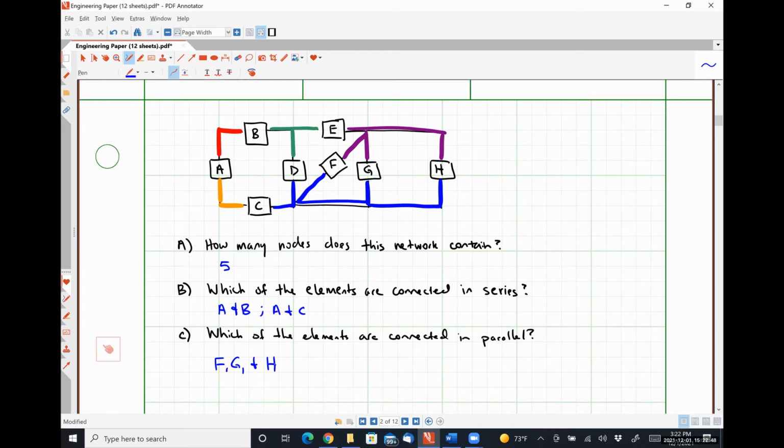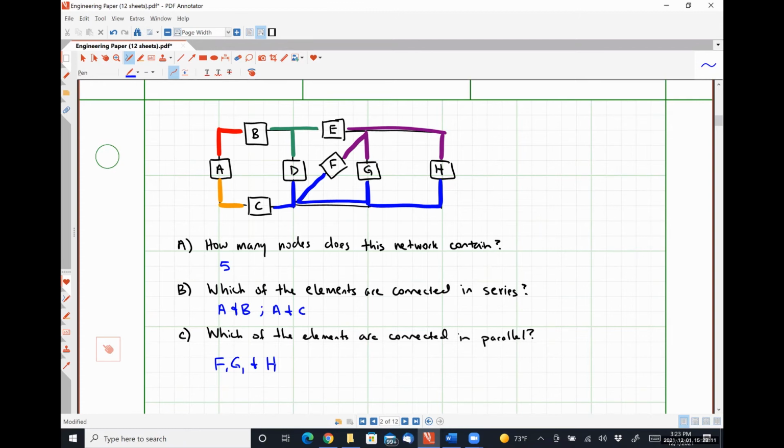That's as difficult as it needs to be. If they have the same colors on both sides, they're in parallel. If they share one color between exactly 2 elements with nothing else, they're in series. That's it. Okay. Doesn't need to be any harder than that.